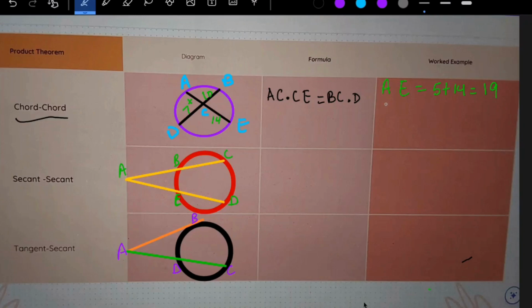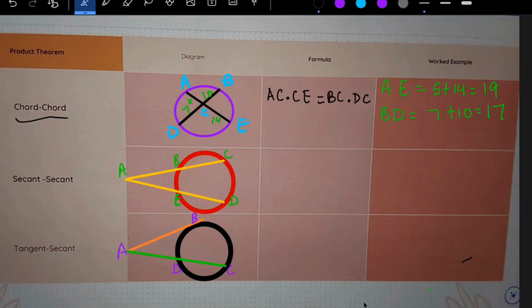And BD is equal to 7 plus 10, which is 17. So note that the length of the chord can be different, but when we multiply each piece, they should give us the same value.